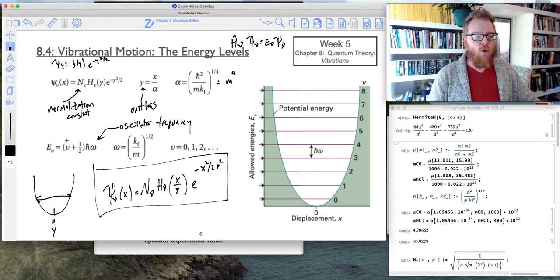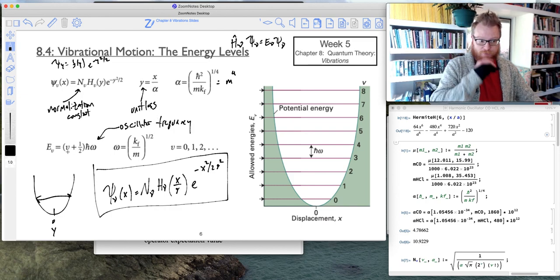What's really cool about this solution is what it predicts for all of these different quantum numbers when we put them in. For example, the first one is 0: we still have an energy level at 1/2 h bar omega.